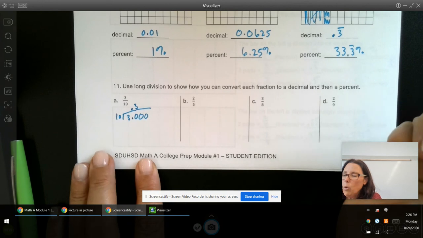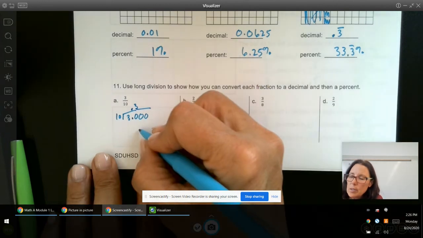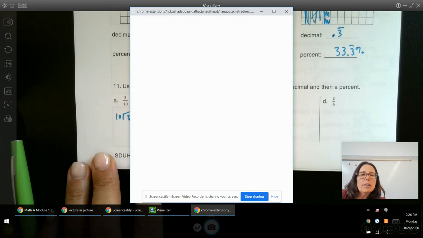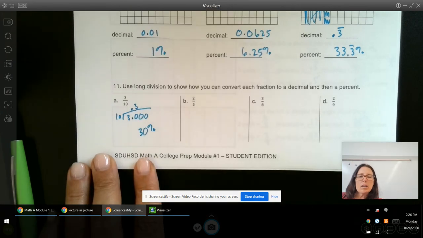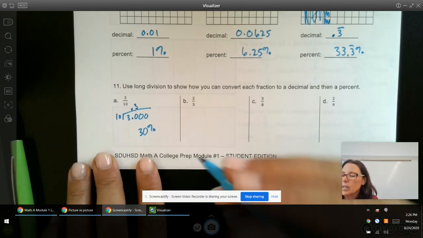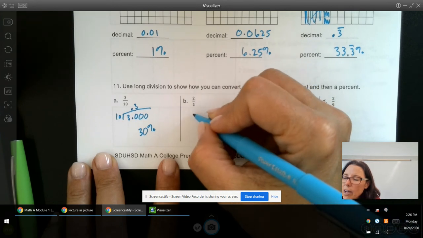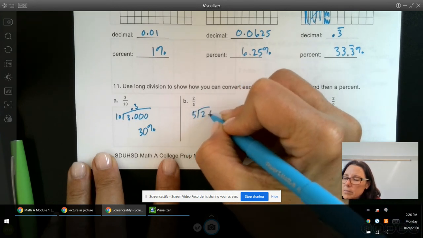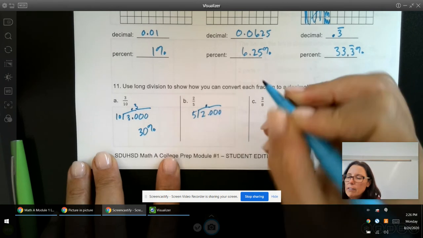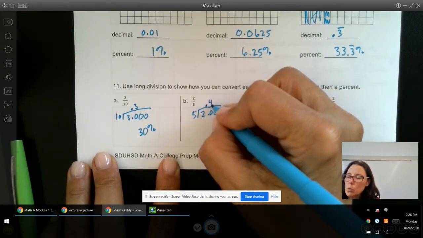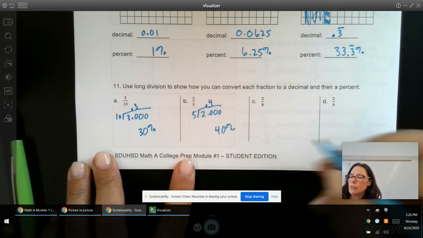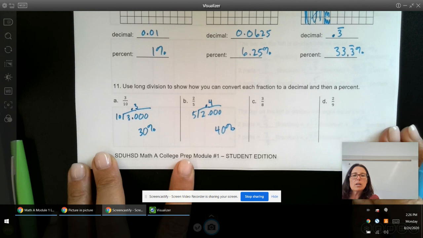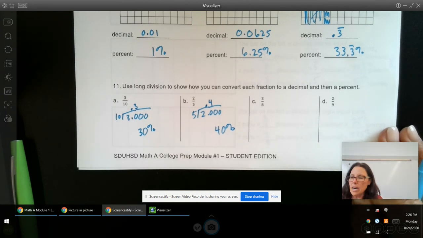So 0.3 is the decimal equivalent, and 30% is the percent. 2/5, 2 divided by 5. 5 goes into 20 4 times. So 0.4 is the decimal equivalent. 40% is the percent.